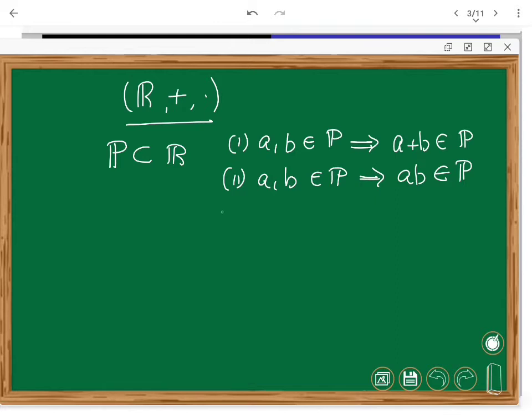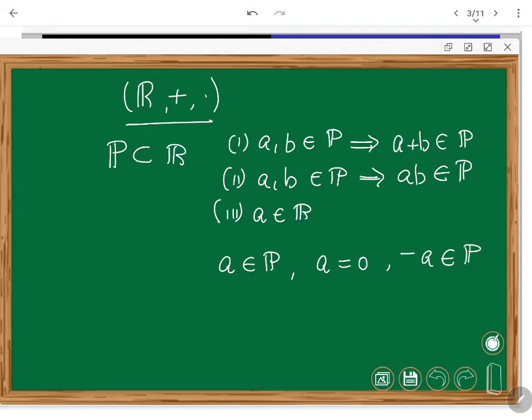Then the third one is also crucial in the sense that suppose I am starting with any real number a. Then either a may be inside P, a positive real number I can call it. Otherwise, two possibilities: either a should be 0 or the additive inverse should be in P. These are the three conditions.